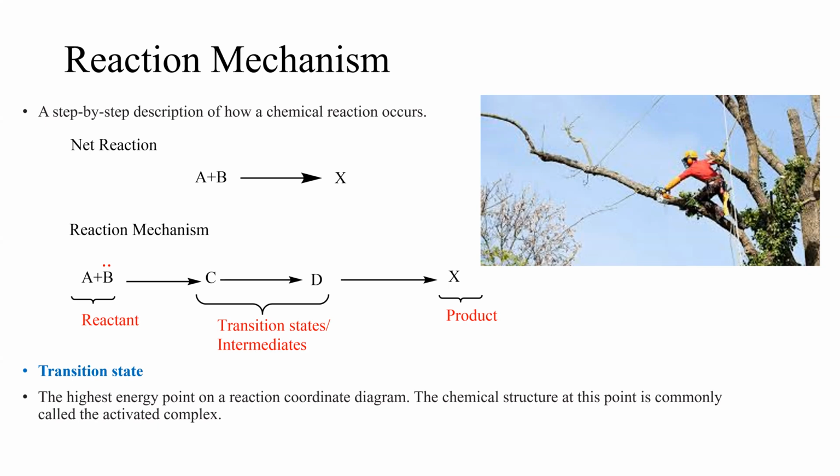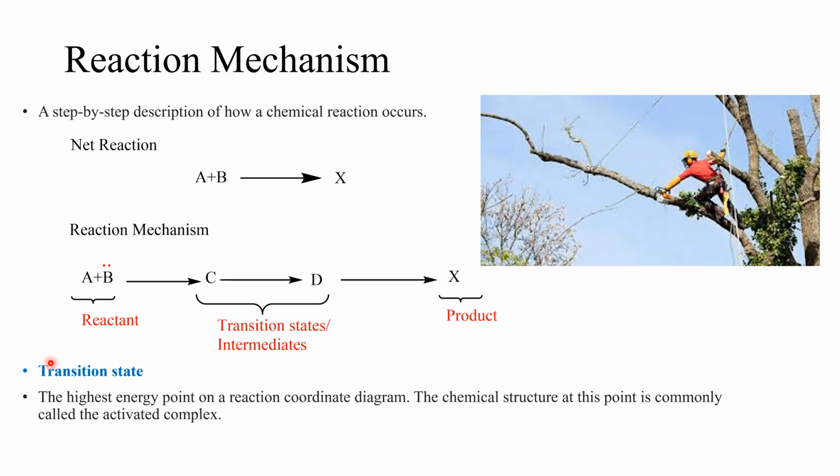Mechanism is basically a step-by-step description of the chemical reaction, in which we give the whole supposed pathway, what we understand about what kind of different transitions the reactant is undergoing to reach the destination, the actual form of the product.